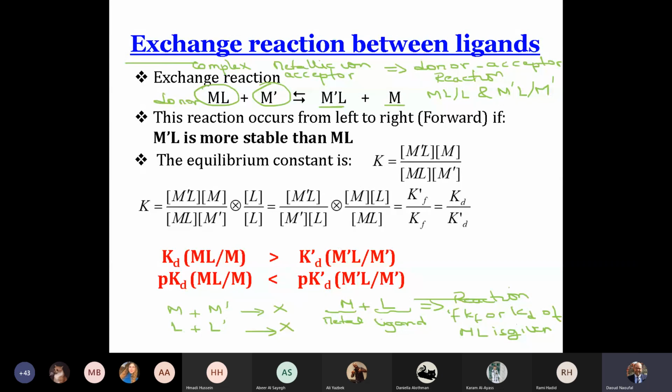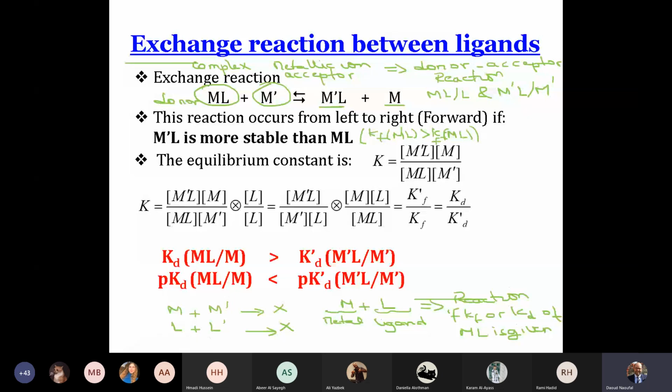What is the meaning of M prime L is more stable than ML? That means if Kf of M prime L is greater than Kf of ML. Or if Kd of M prime L is less than Kd of ML.